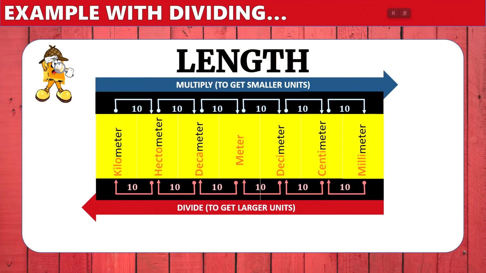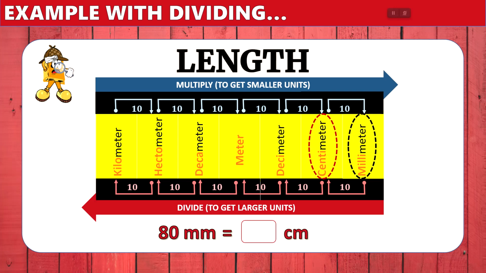And now let's see what happens when we divide rather than multiply, which means we are going to go from a unit on the right-hand side to the left-hand side. 80 millimeters is equal to how many centimeters? Let's start off by locating millimeters. Here it is. Then we want to find out how many centimeters that is. So we are going from millimeter to centimeter.